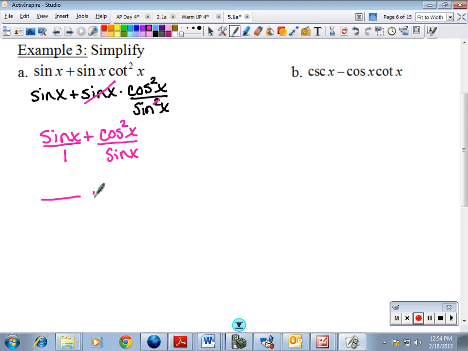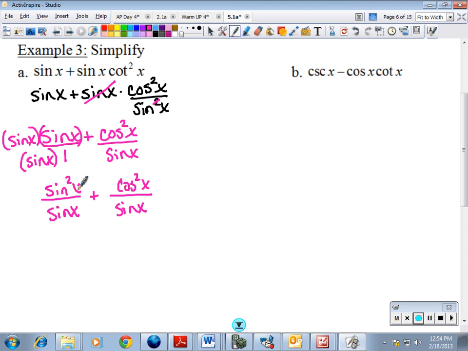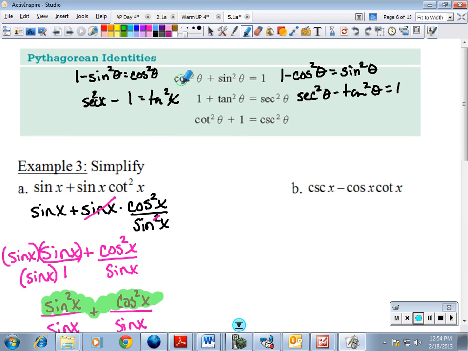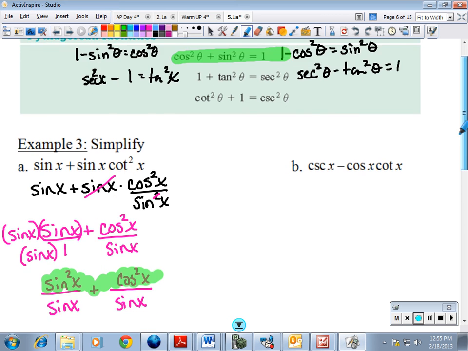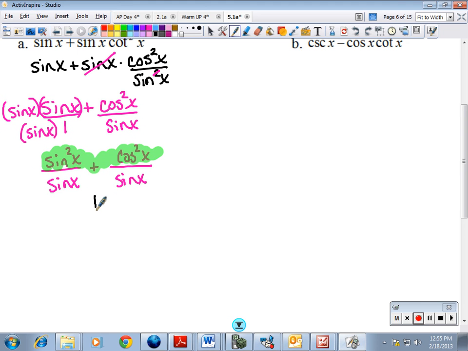So my common denominator would be sine. This one stays the same, cosine squared. I multiply the bottom by sine. Anything I do to the bottom, I have to do to the top. So that's going to be sine squared. This is an identity here. Sine squared plus cosine squared is 1. 1 over sine is cosecant, and I have simplified it.